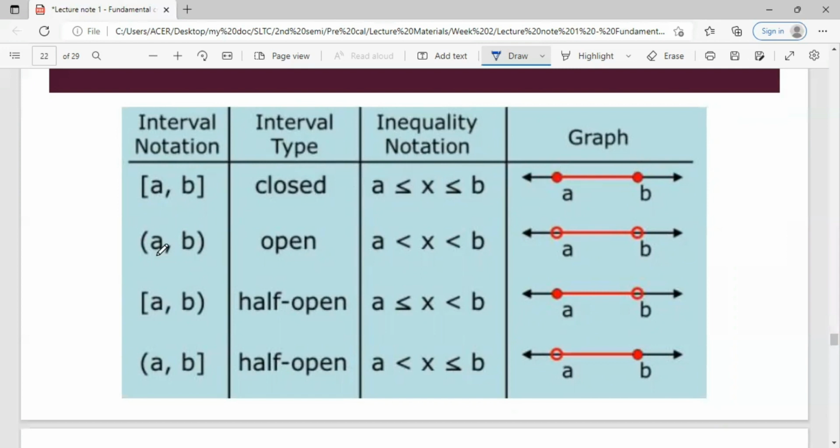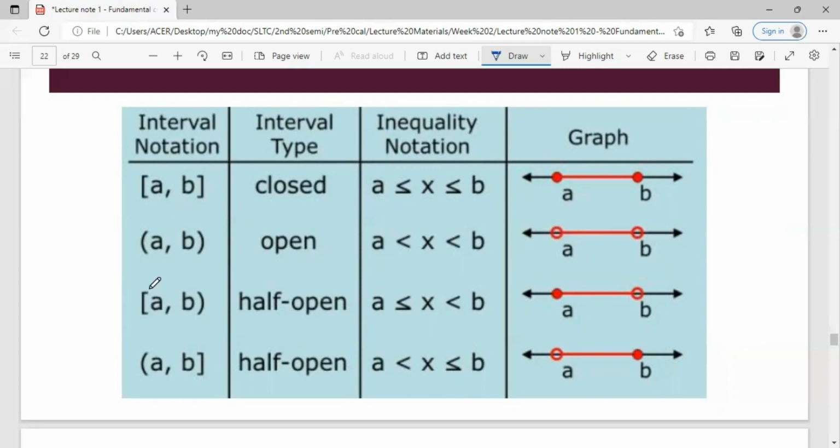But if this one is open, there is no equal sign, so we just draw a circle. You can see this one as a colored dot, but this one without coloring, just a circle. That means this value a is not included in this interval, right? And also the b value is not included in this interval.